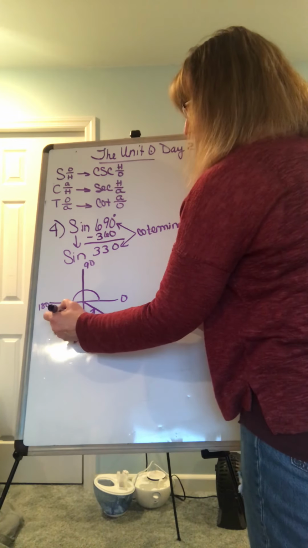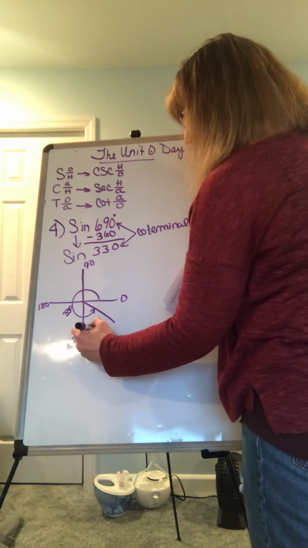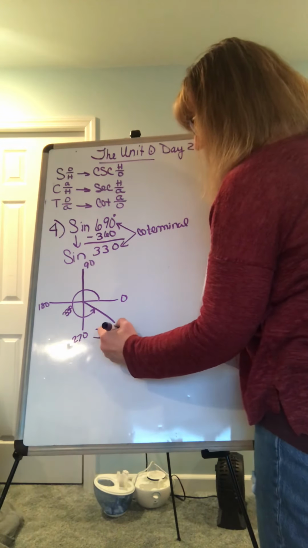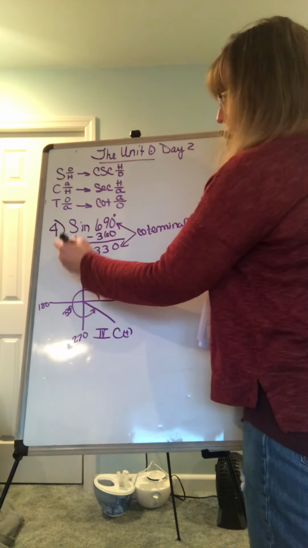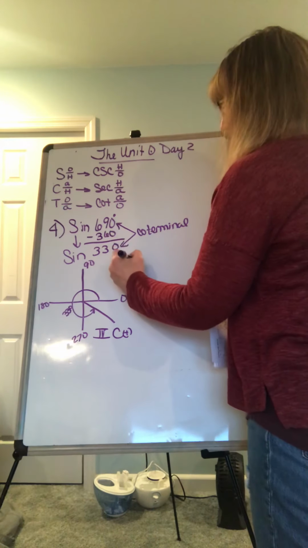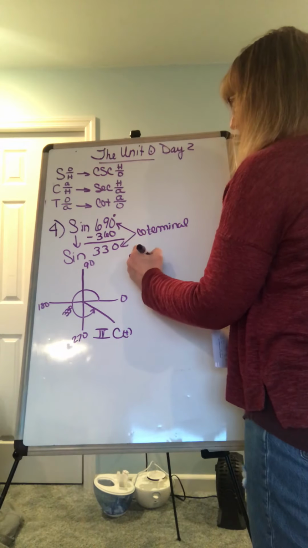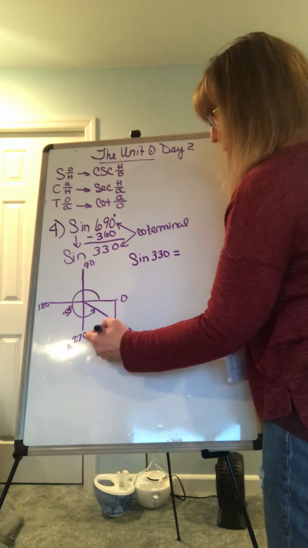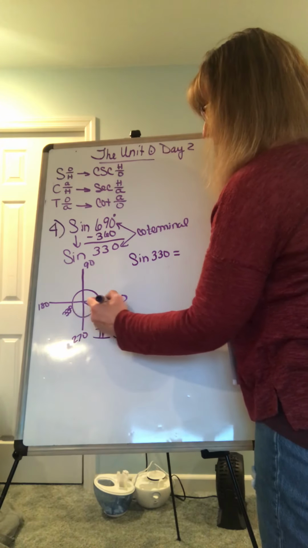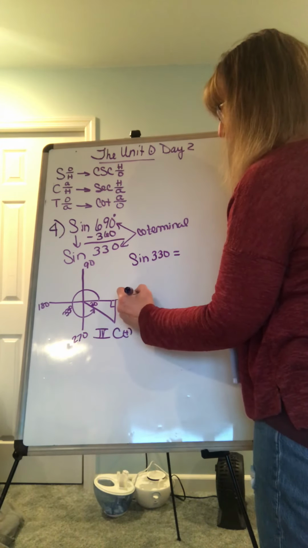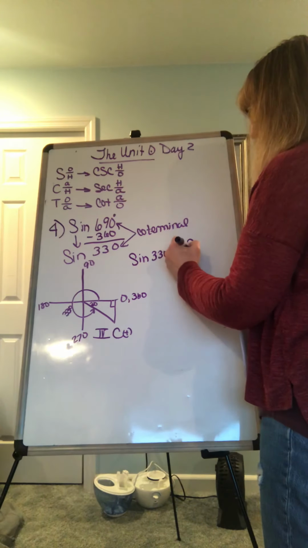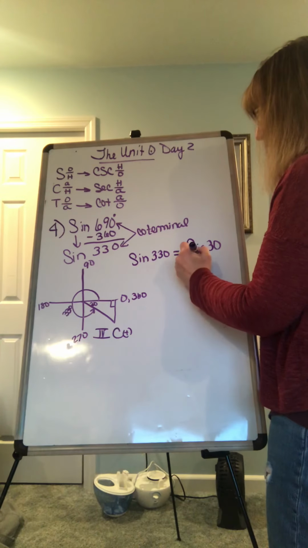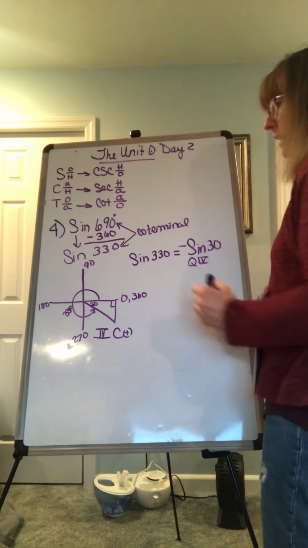Here is my 330. I'm in quadrant 4. And quadrant 4 is cosine's quadrant. Here I'm sine. So the sine of 330 degrees is equal to the reference angle, which would be 30 degrees. I need 30 degrees more to hit 360, is equal to the sine of 30, but I'm in quadrant 4, that makes me negative.